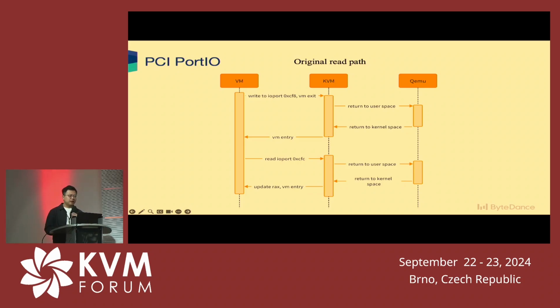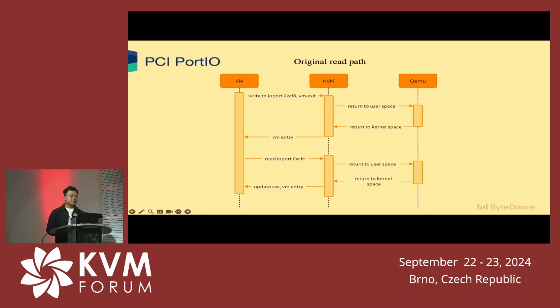KVM captures the IO port read and determines that it needs to be handled by QEMU. So the vCPU thread returns to QEMU user space again. QEMU emulator reads PCI config data based on its host bridge's config register, which we wrote. Then QEMU returns to kernel space and performs VM entry. And this PCI config space read is finished.